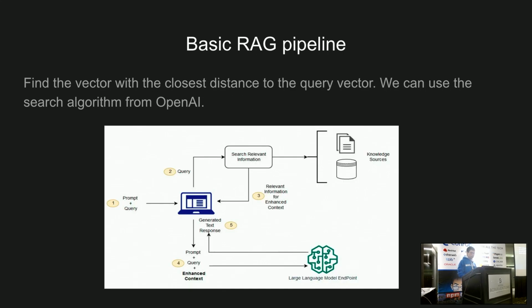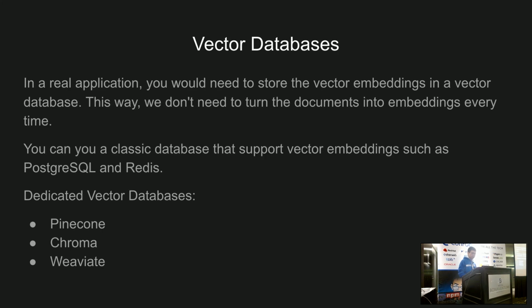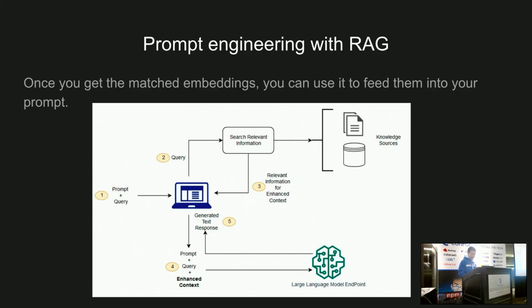So more precisely, this is what a basic RAG pipeline looks like. Like I said before, this is a vector database. I think this slide's over here.